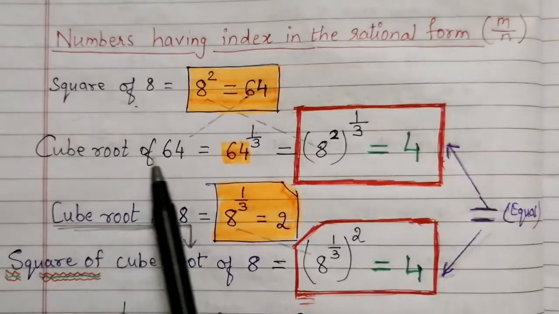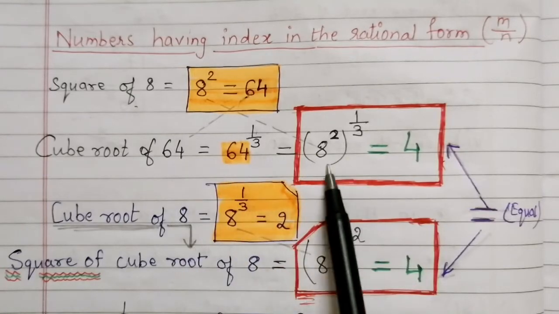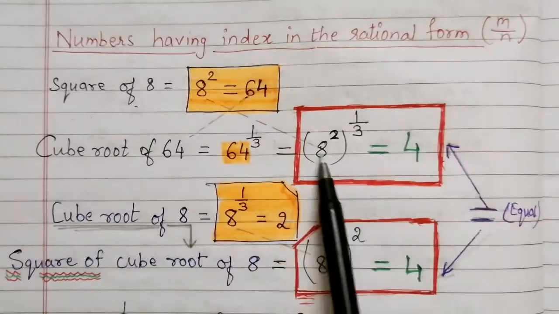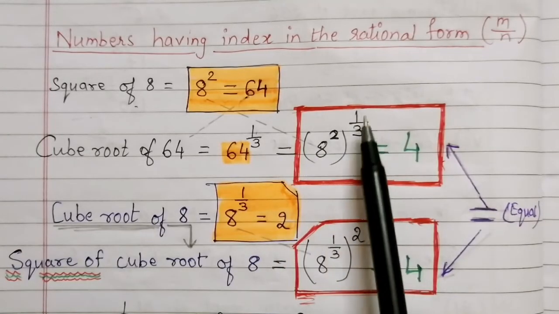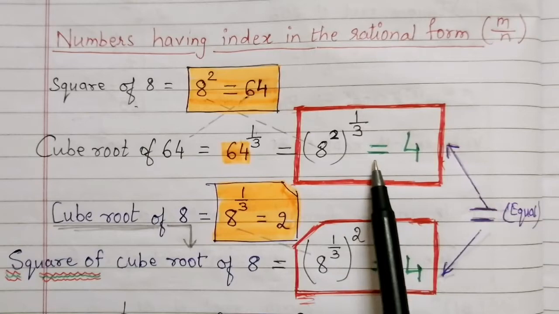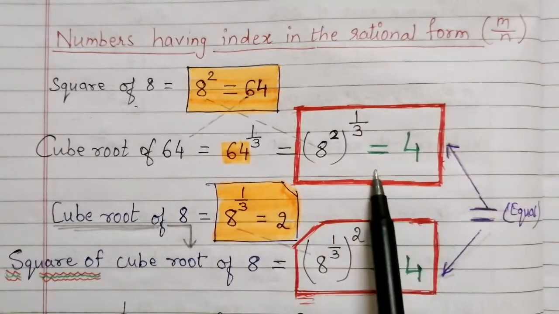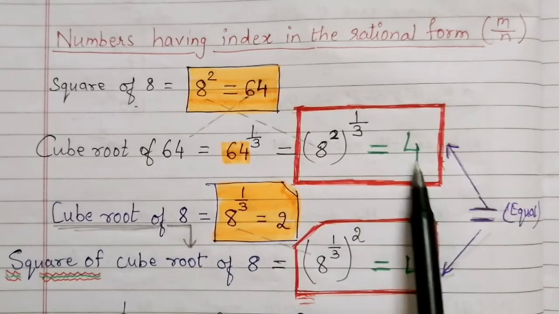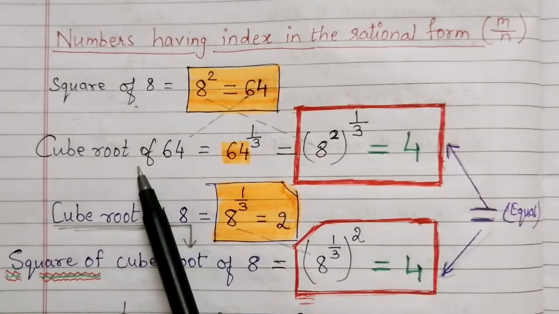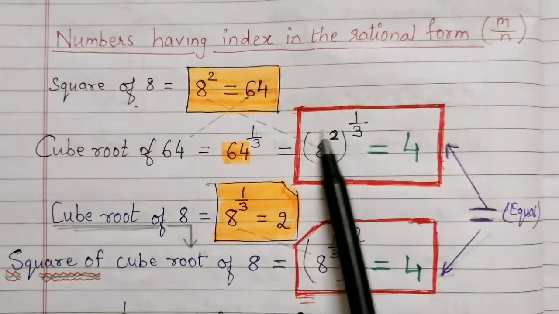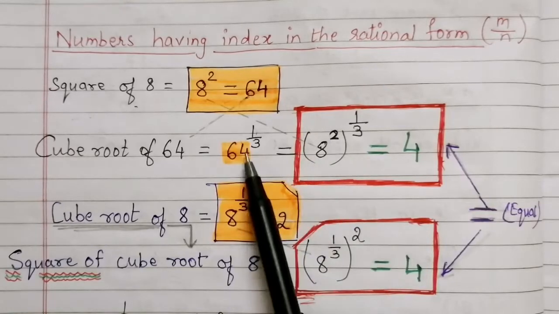So now cube root of 64 has become like this, that is 8 square whole raised to 1 upon 3. And its value is 4. That we'll see later on, how to find the value of this. So when we write cube root of any number, in place of that we can write the power of this.